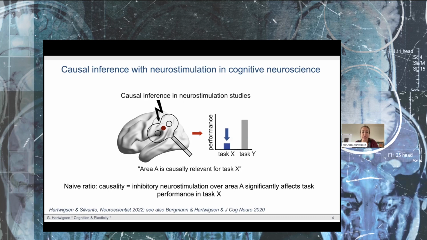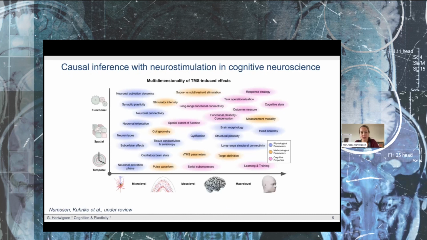So the naive rationale that is often used in many neurostimulation studies in the field of cognition is that causality can be inferred if inhibitory neurostimulation over area A significantly affects task performance in task X, but hopefully not in task Y. This is, of course, much too simple, which is illustrated here. So the simple, I stimulate, I see a change in the response.